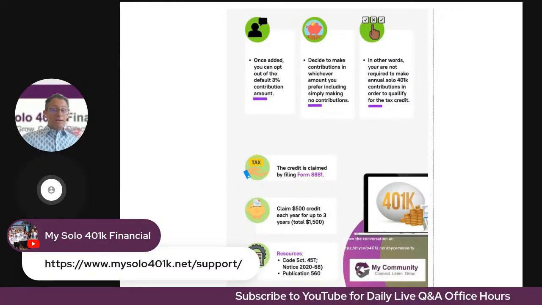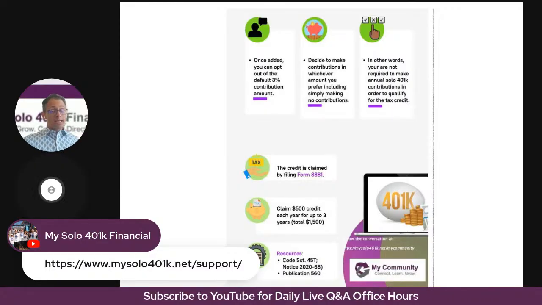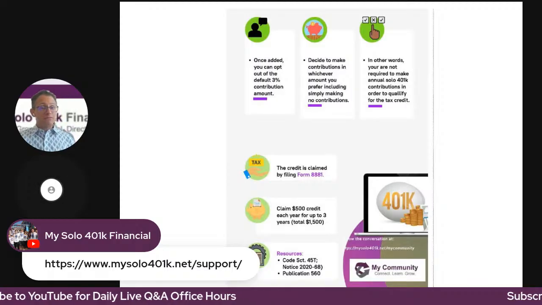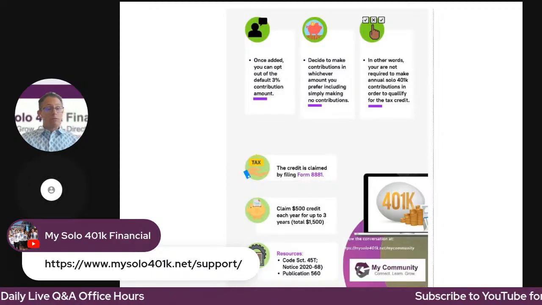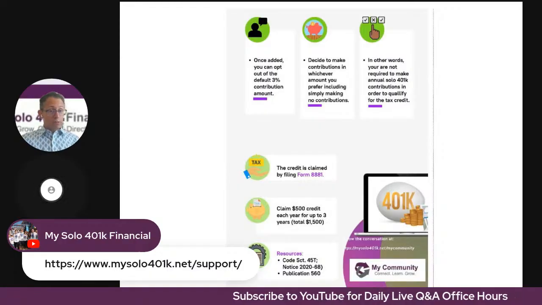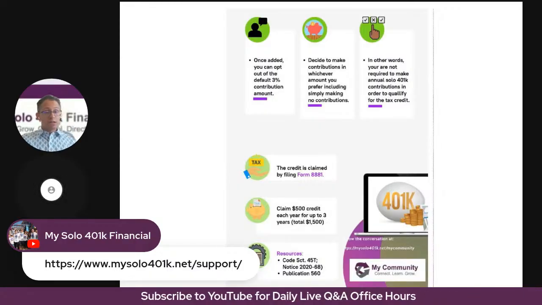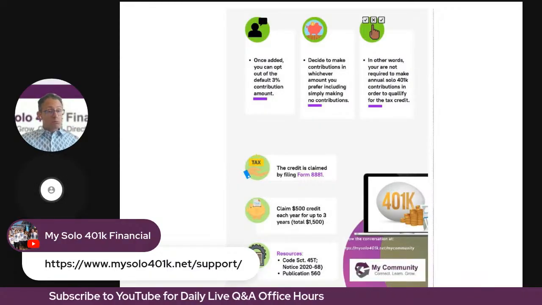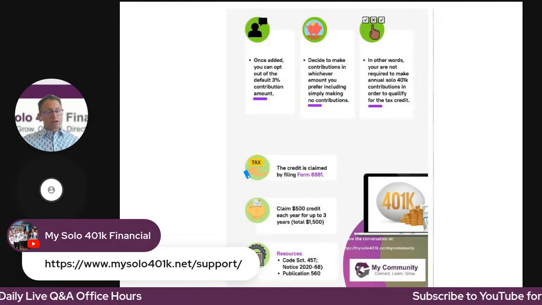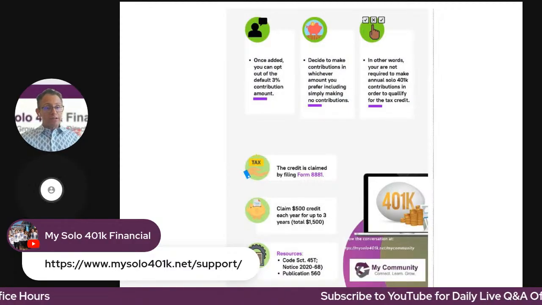And you're going to claim that $1,500 credit over a 3-year period. It's going to be claimed in $500 increments. For example, if that auto contribution credit is added to your plan here in 2025, you're going to file Form 8881 next year when you file your business tax return so that you can claim a $500 credit.